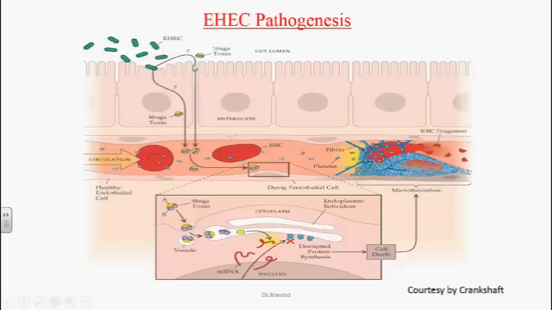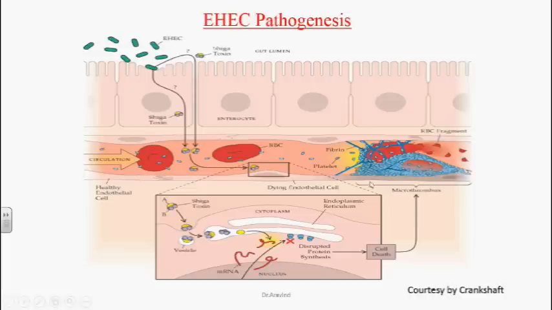This Shiga toxin can damage the epithelial cells, and it enters the blood vessels by damaging the epithelial cells. Once it enters the bloodstream, it can destroy the RBCs, and by destroying the RBCs, platelets will accumulate, which can lead to thrombocytopenic purpura, and ultimately we can see destruction of the endothelial cells and intravascular coagulation.